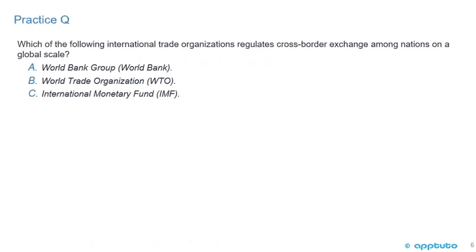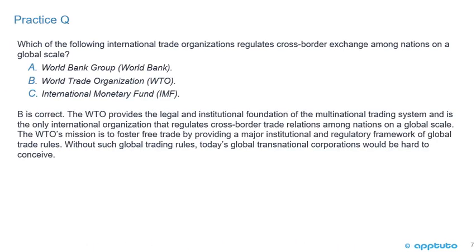So we'll do a couple of quick practice questions. Which of the following international trade organizations regulates cross-border exchange among nations on a global scale? A, the World Bank Group, B, the World Trade Organization, or C, the International Monetary Fund? B is correct.